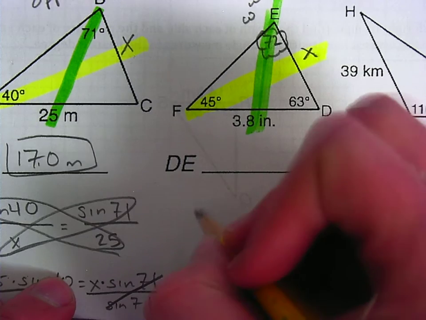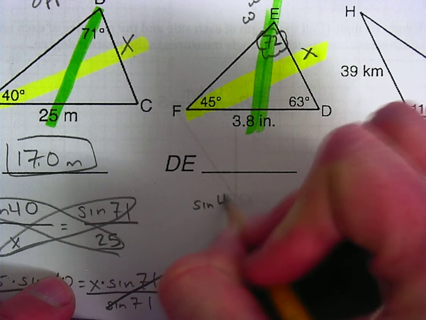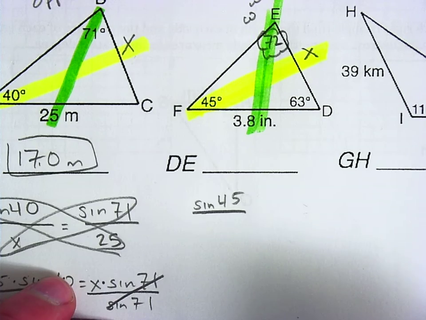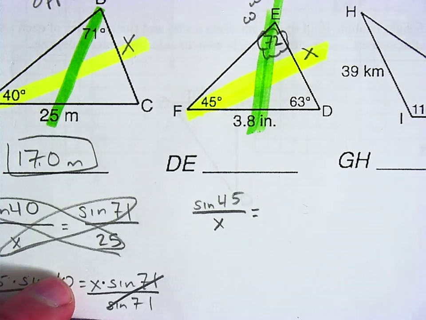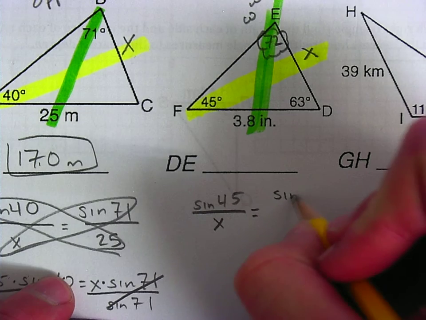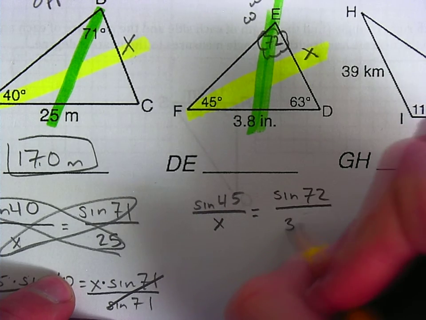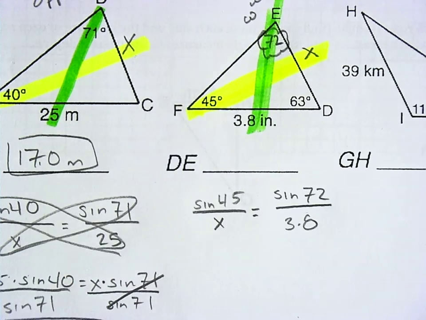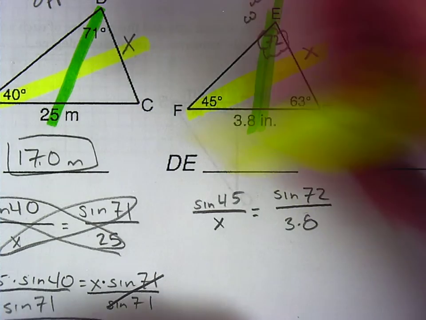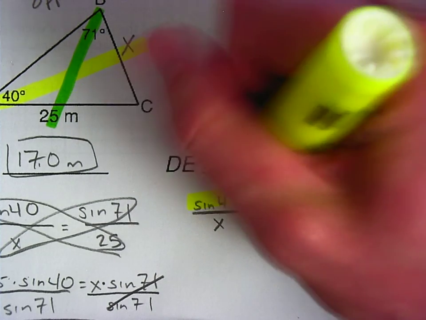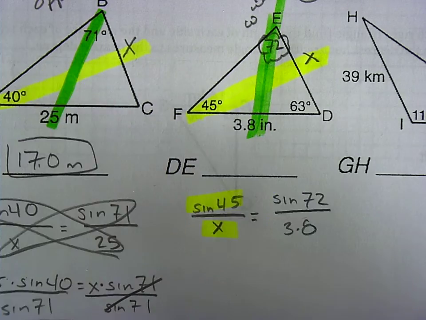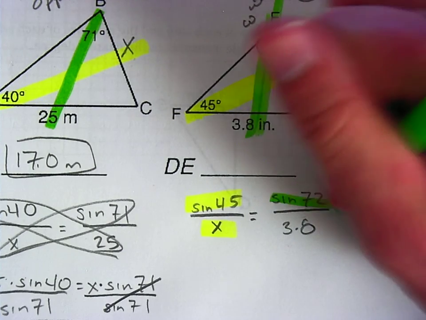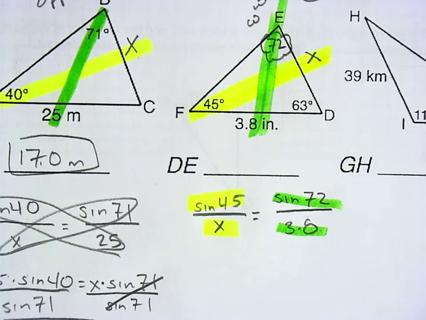So we're going to set it up. The sine of an angle, so let's start with the sine of 45 over the side that is opposite, x, equals the sine of 72 over 3.8. And you can see we literally just put sine in front of the angle and then put our pair of opposites together.